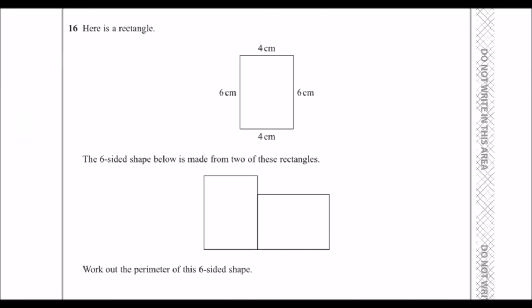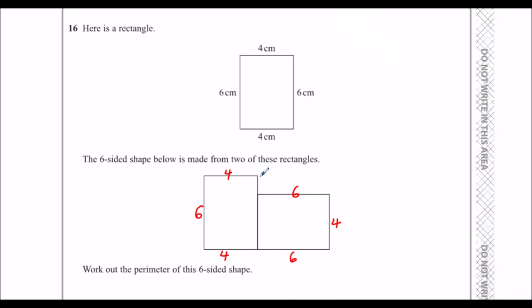Question 16. Here is a rectangle, and we've got a six-sided shape made from two of these rectangles. Work out the perimeter. So we've got a 6, a 4, a 6, a 4, a 6, and a 4, and this little bit here.